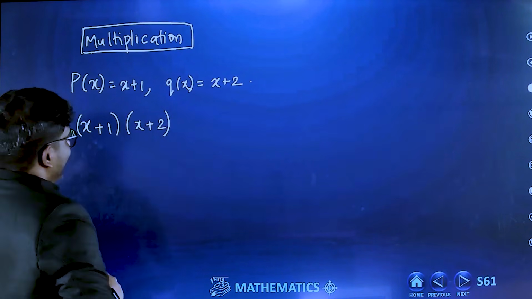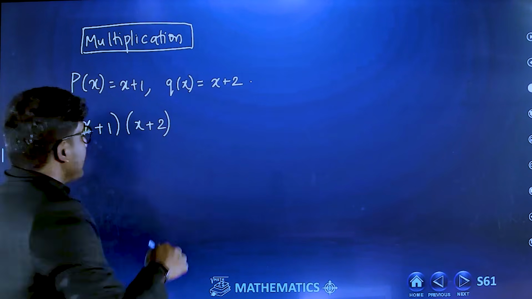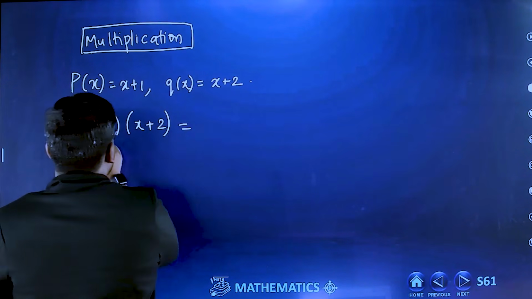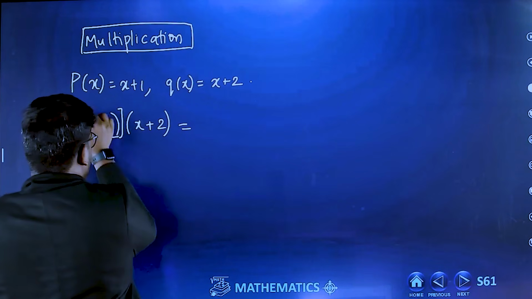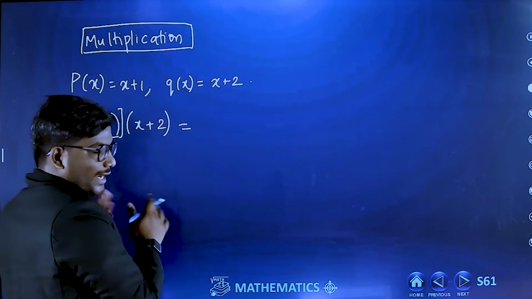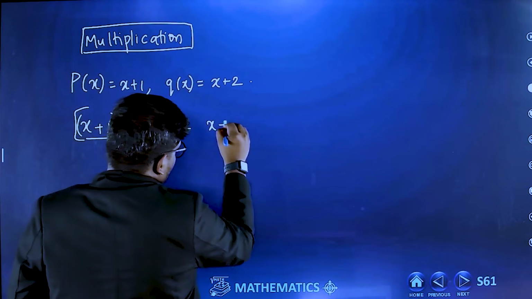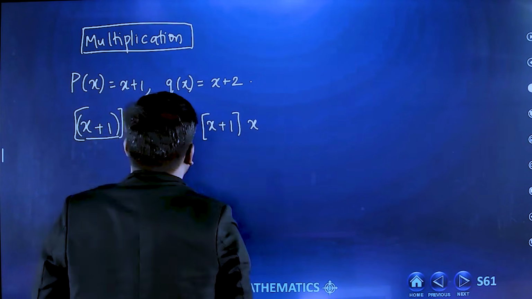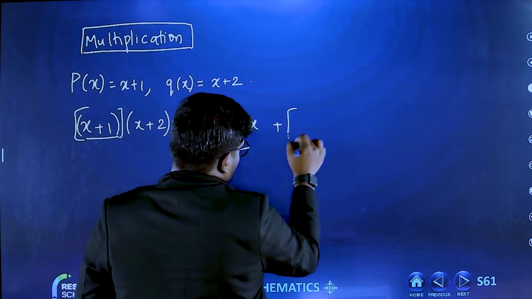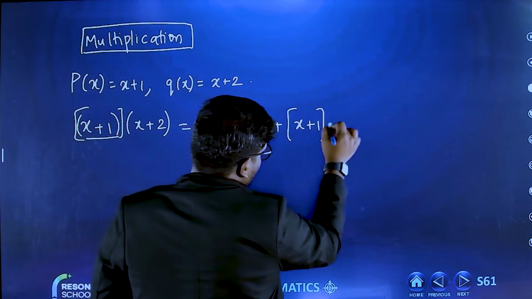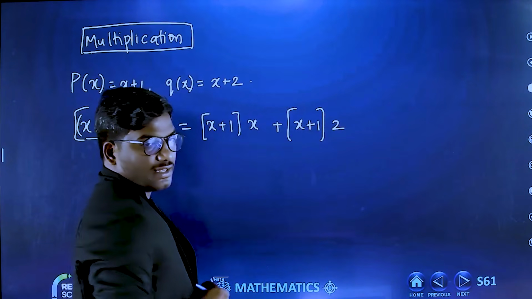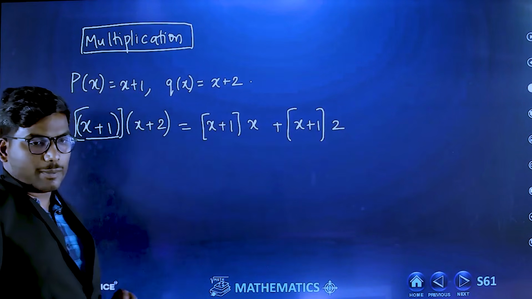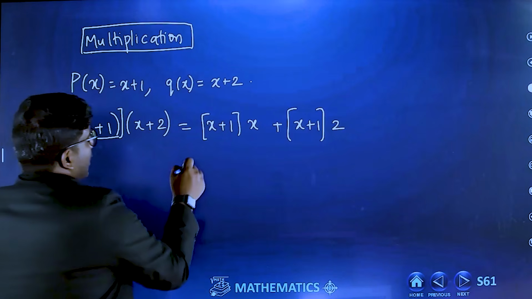Now, if we go by the distributive property, x plus 1 will be treated as one entity. So it will become x plus 1 times x plus 1 times 2. Right? This is the distributive property of addition, multiplication.